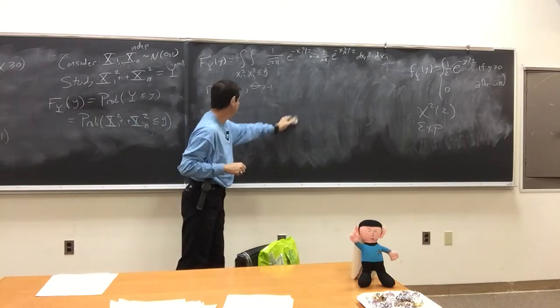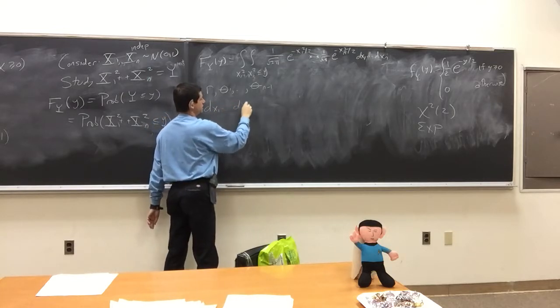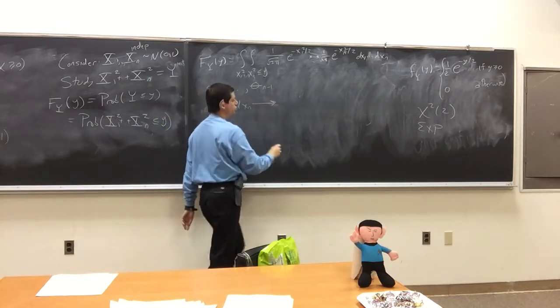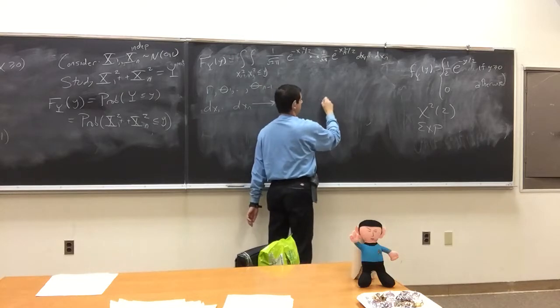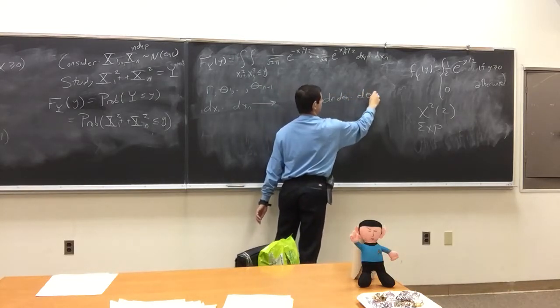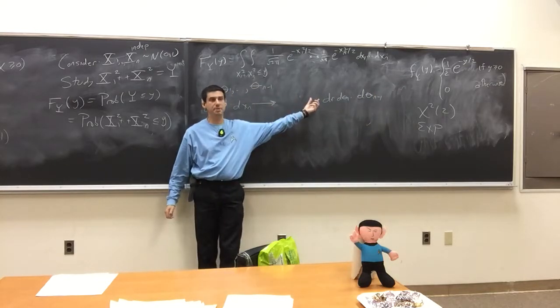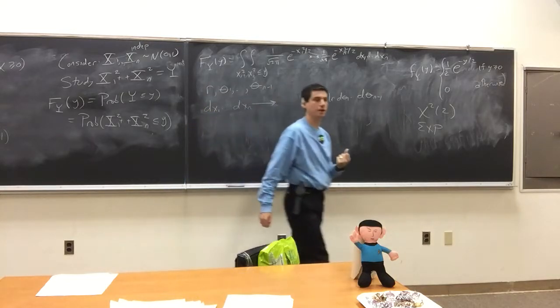What's going on here? dx1 through dxn goes to dr d theta 1 through d theta n minus 1. What is the r dependence? I need this to be a volume. What's the r dependence? R to the n minus 1.